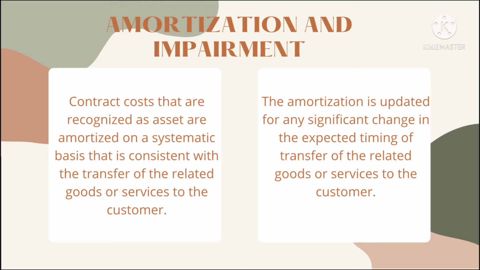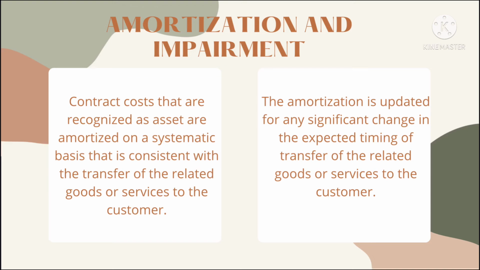Ito naman daw yung isang systematic na batayan upang maayon yung paglipat ng mga nauugnay na goods or services sa customer. Tapos yung amortization naman daw ay naa-update siya sa anumang makabuluhang pagbabago sa inaasahan na oras tungkol sa paglipat ng mga goods or services to the customer.